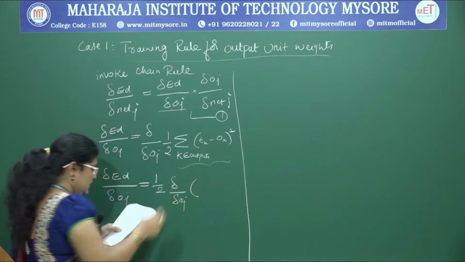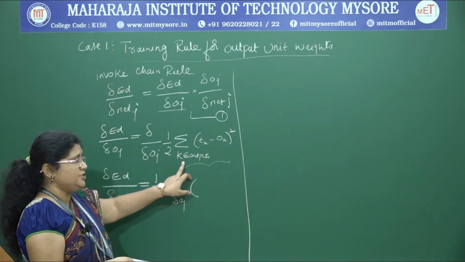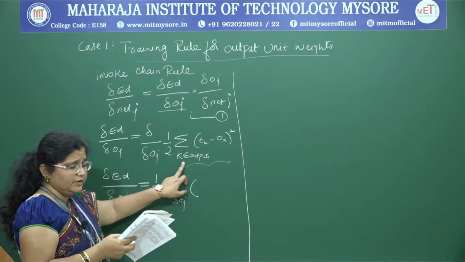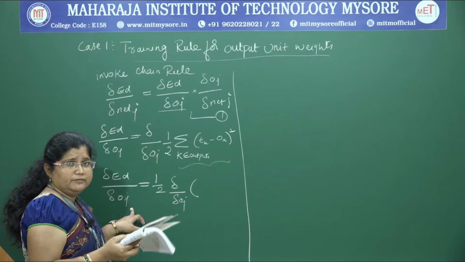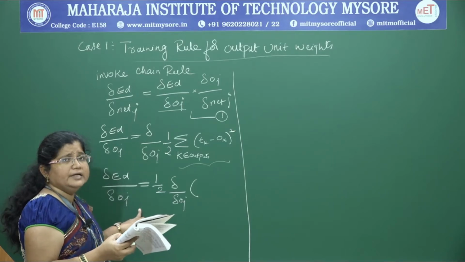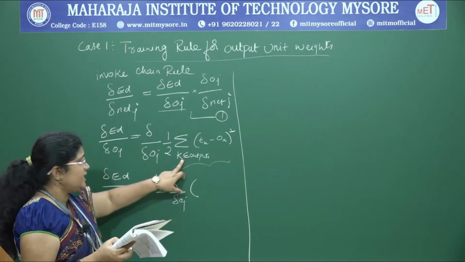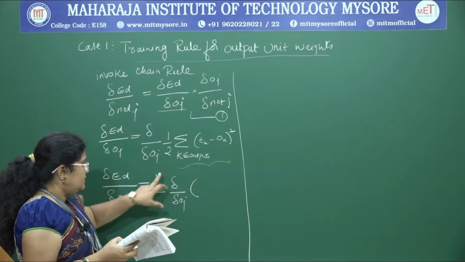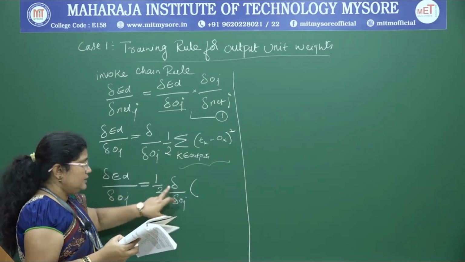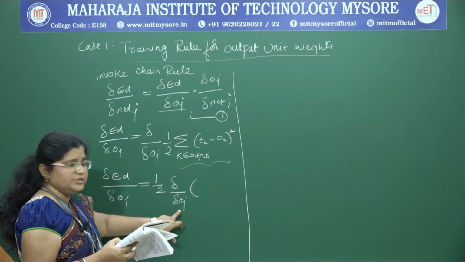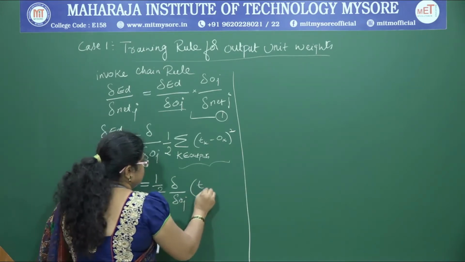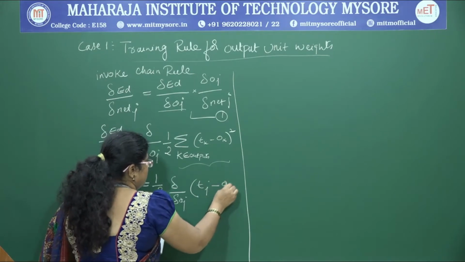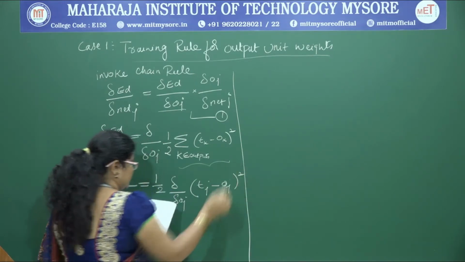We do not consider the complete summation; we consider only the jth unit. So we can rewrite this equation as half del by del Oj multiplied by (tj minus Oj) the whole square.